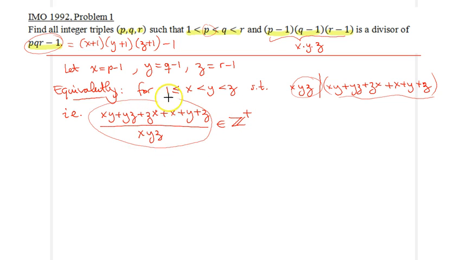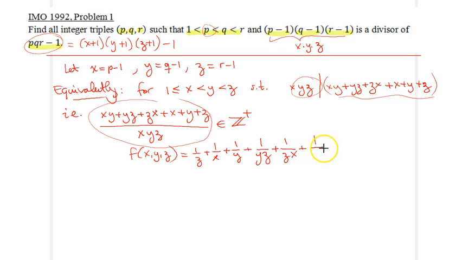That suggests, have a look at this function here in 3 variables. f has x, y, and z variables, and you can rewrite this fraction as 1 over z plus 1 over x plus 1 over y, plus 1 over xy, 1 over yz, plus 1 over zx.